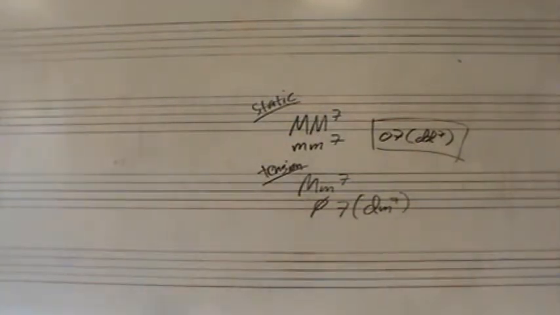Okay, so first, let's start with the static chords. This first one, see if you can figure out. I'll tell you, but see if you can figure this out at first. Okay, I told you it was a static chord, and that was the minor minor 7th.